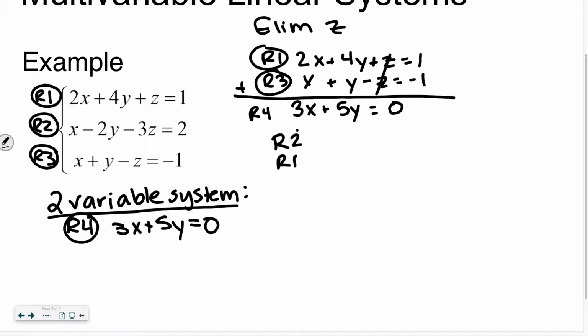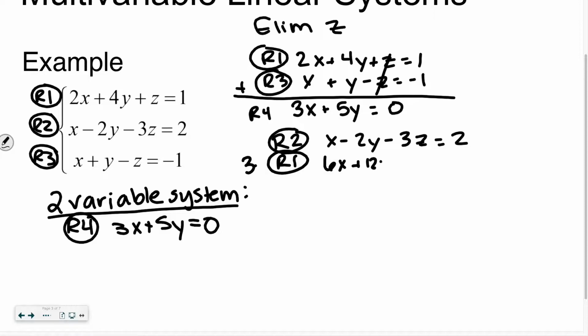Row 2, just leave it as is. X minus 2y minus 3z equals 2. But what are we going to have to do to row 1? To make z's cancel, multiply by a 3. 6x plus 12y plus 3z equals 3.